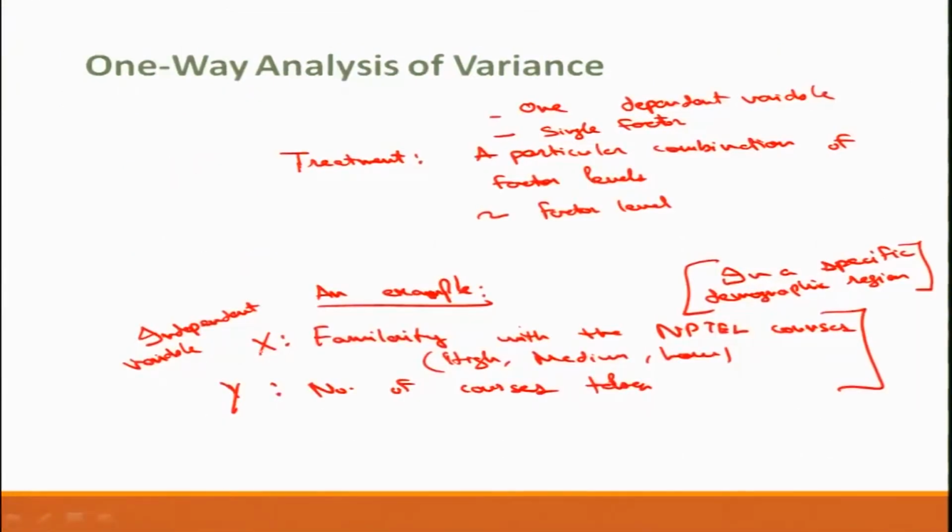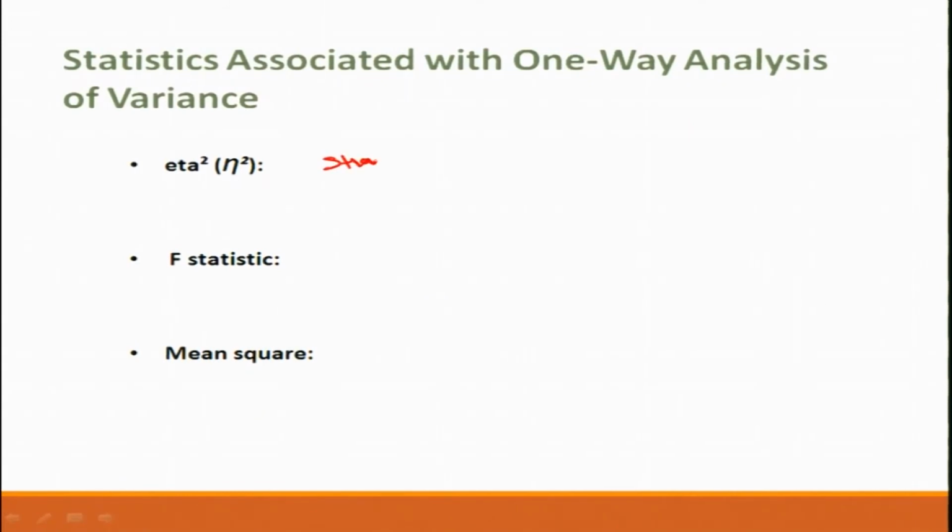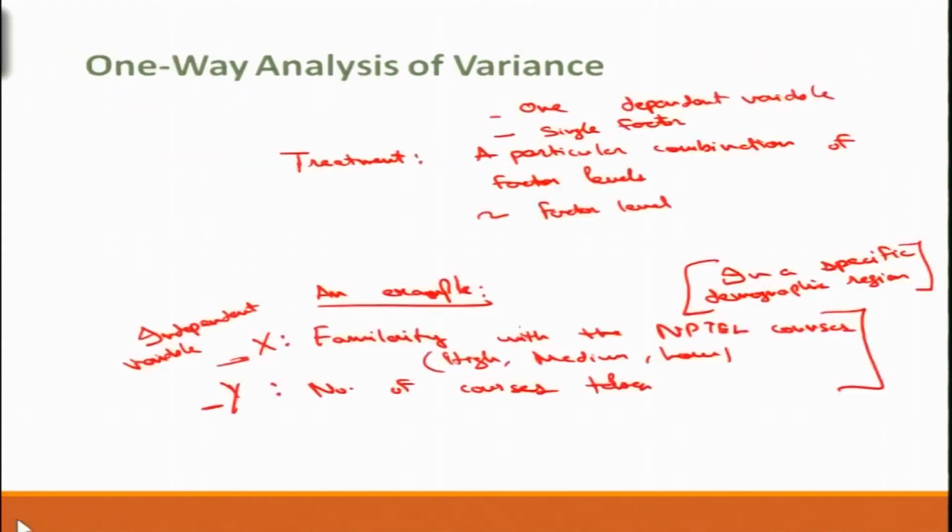Strength of the effects of x on y is measured by eta square, and its value varies between 0 and 1.